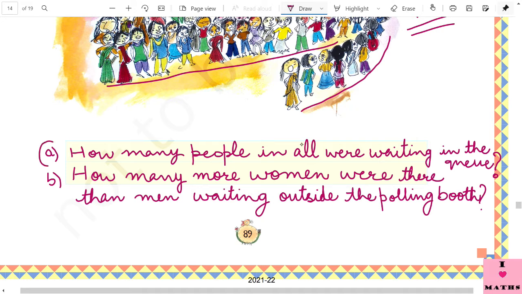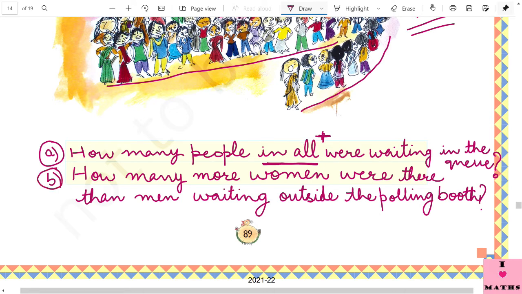Now children, in question number A, how many people in all were there? When we want to find out the total number of people, we generally add, right? We add the number of men and the number of women.